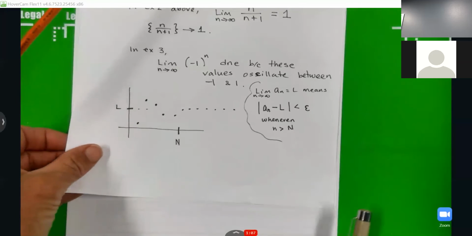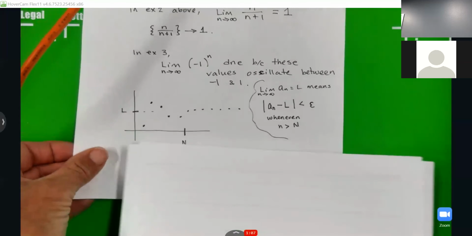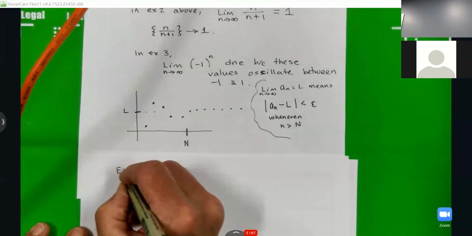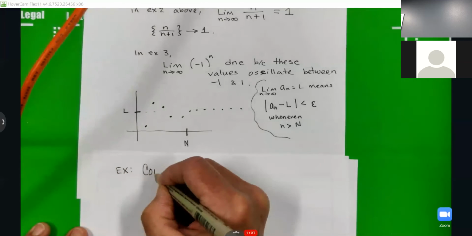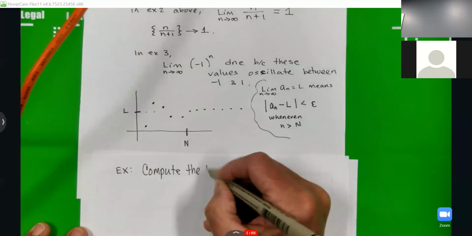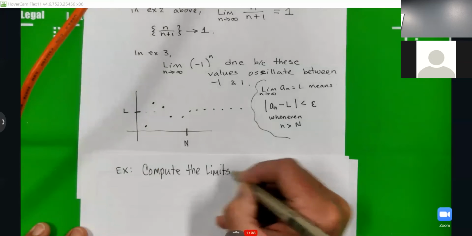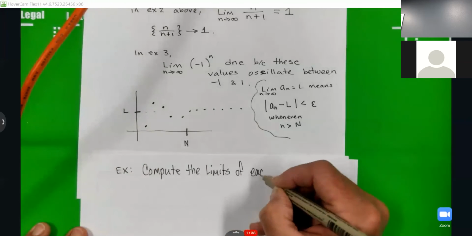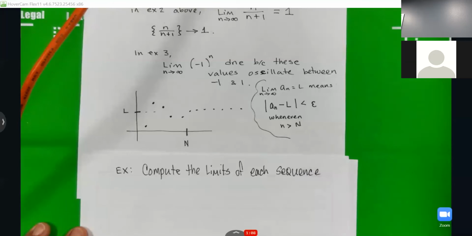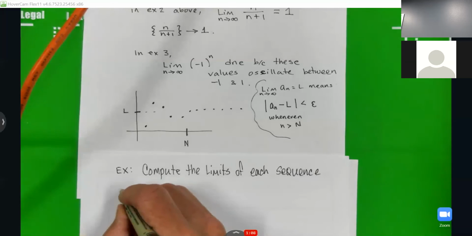Next, we're going to compute the limits of the following sequences. Let's go the first one.